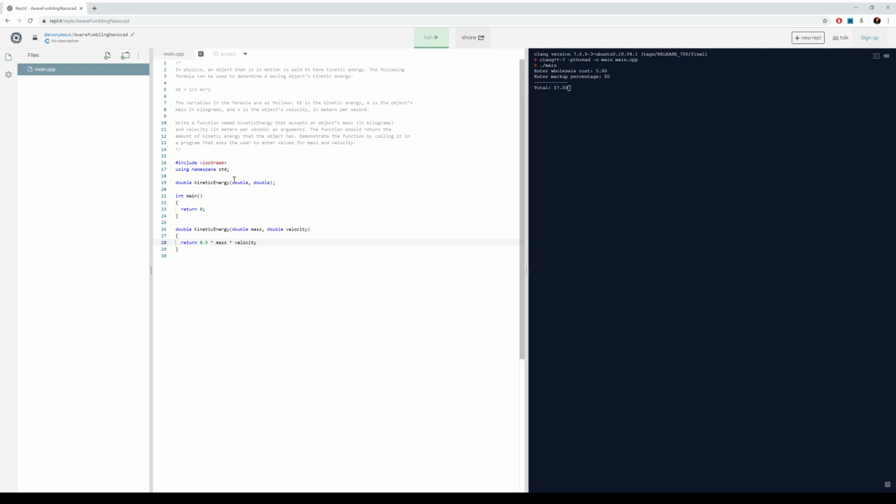Now we want to square it, so that's just velocity times velocity. So just to make it a little easier to read, let's go ahead and put parentheses around these. Now these are not going to affect your answer because again, the order of operations is going to be the same. So 0.5 times mass times velocity squared.